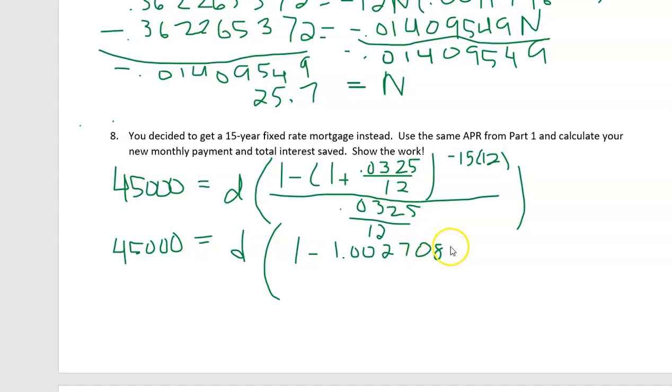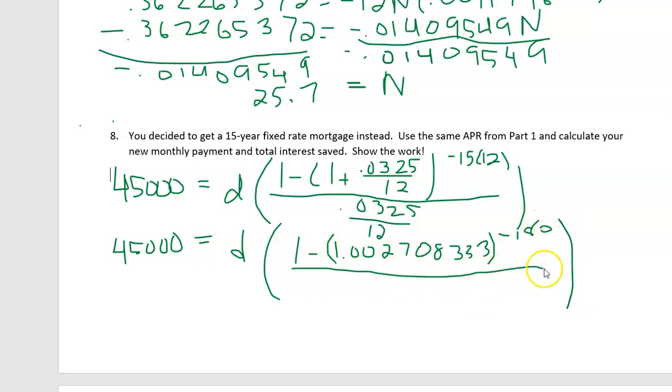This time, though, that is to the negative 15 times 12 power, which ends up being negative 180 instead of 360. And then remember on the bottom, this right here is just this without the 1.